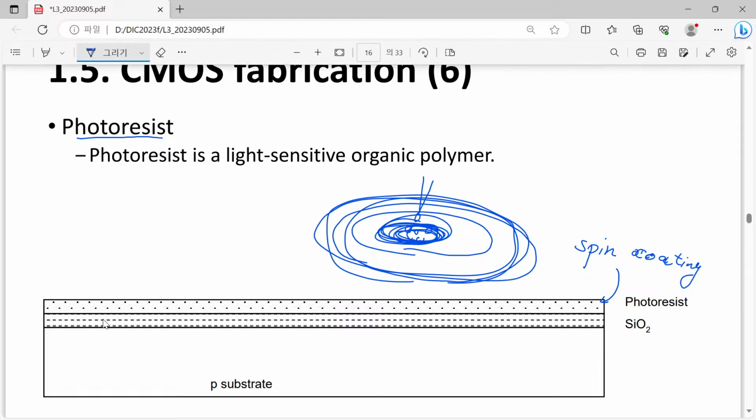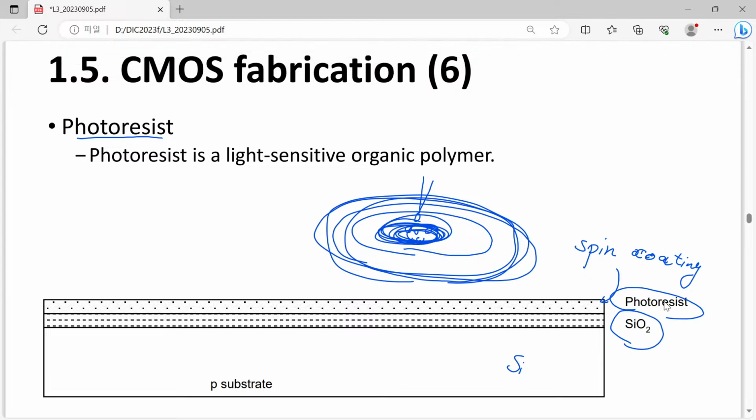So right now, you have a system of silicon, silicon dioxide and photoresist, which is just widespread without any patterning. So everywhere you have quite uniform vertical structures.